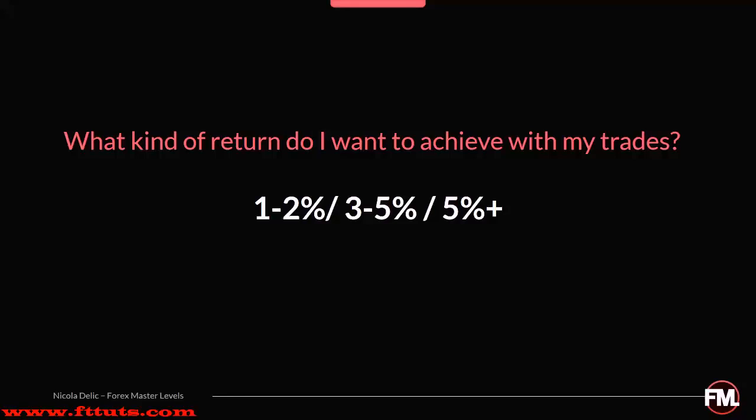And over 5%, you need to go for something crazier, something that moves a lot, or double your risk. Because if you want 1 to 2 risk reward and you want to earn 5%, you need to risk at least 2.5%.